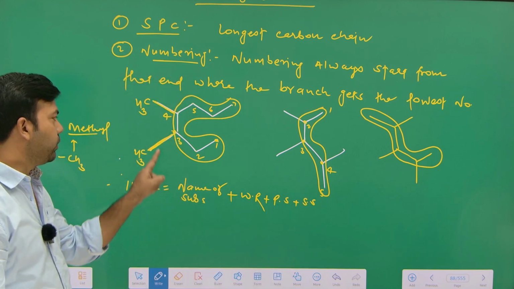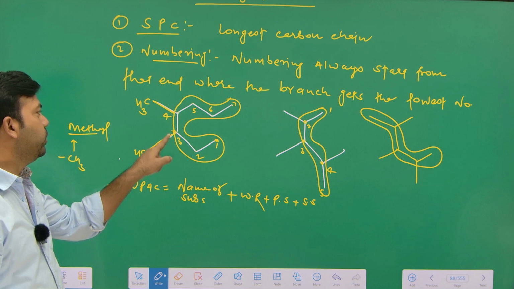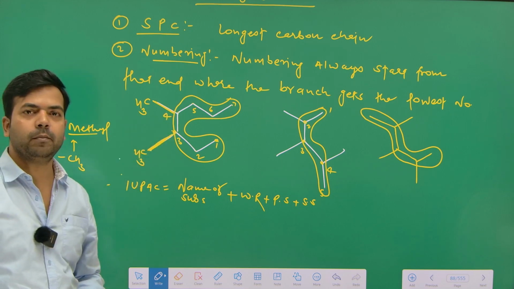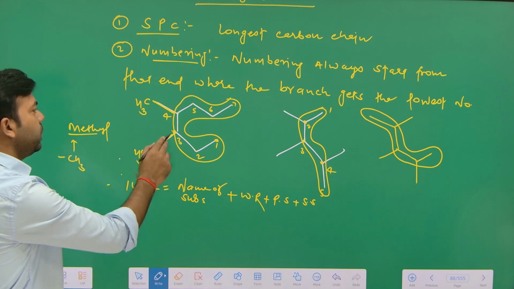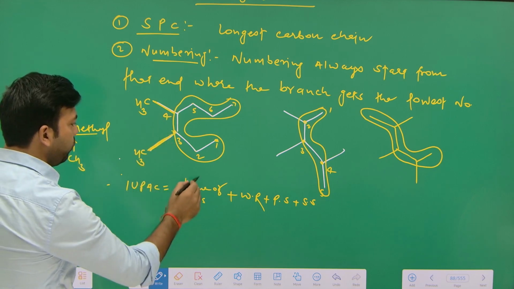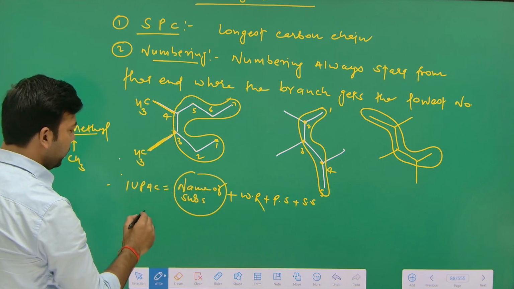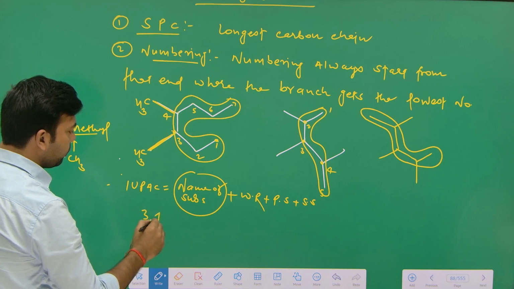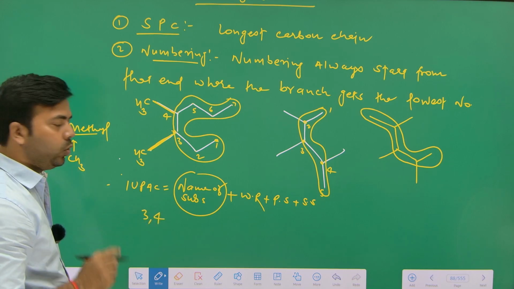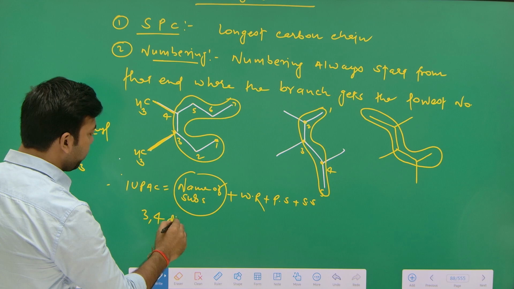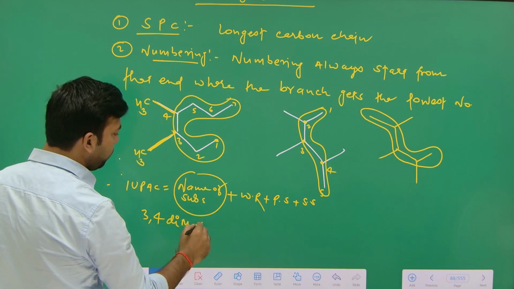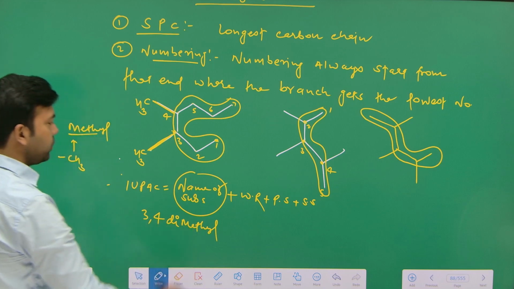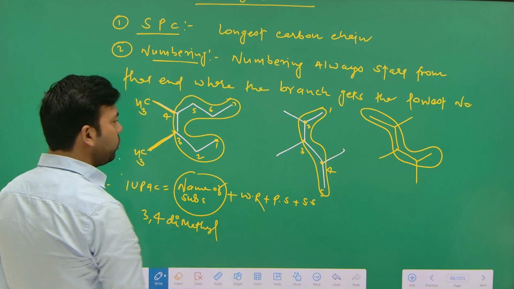So here my substituent: number 3 has methyl and 4 also has methyl. Both are the same thing, so we will use di, and it is present at number 3 and number 4. So for the substituent we can say 3, 4, 2 times, so di, and this is CH3, so dimethyl. So this is the name of the substituent. Next, word root. Word root is what?